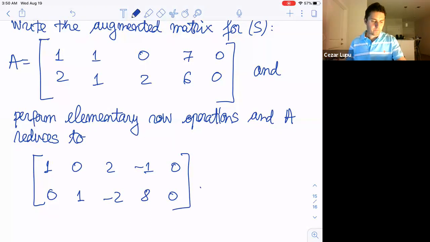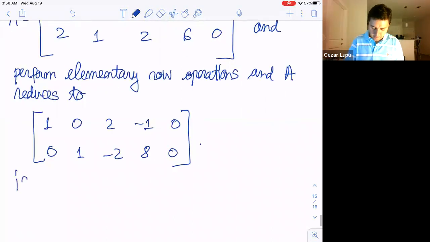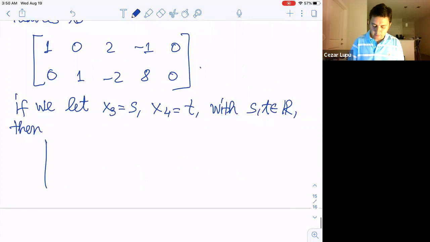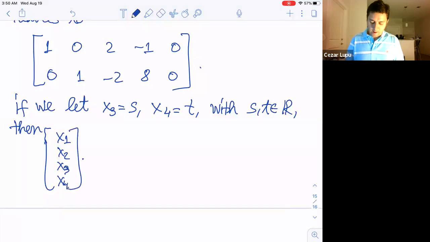And now, if we let x3 be s and x4 be t, with s and t real numbers, then we can write the solution as x1, x2, x3, x4.